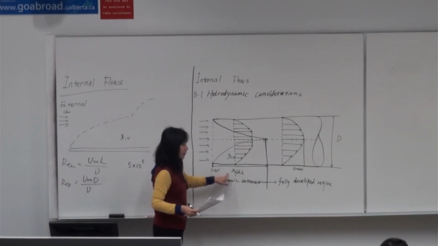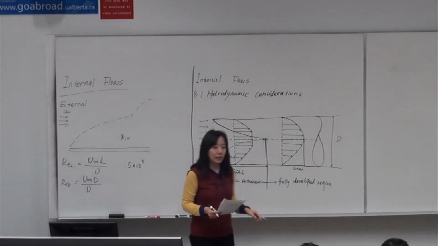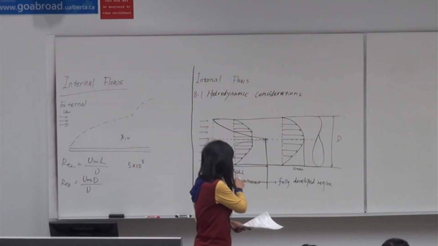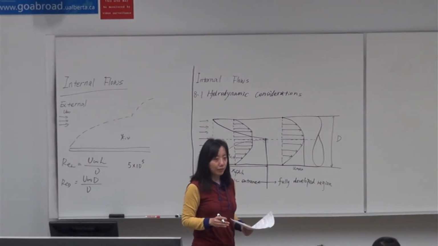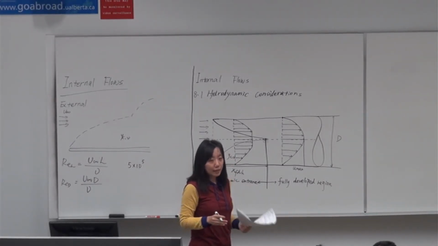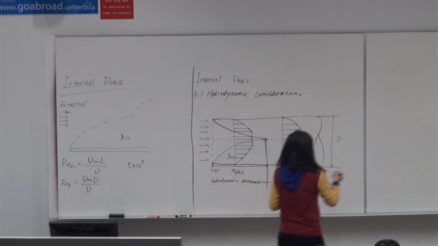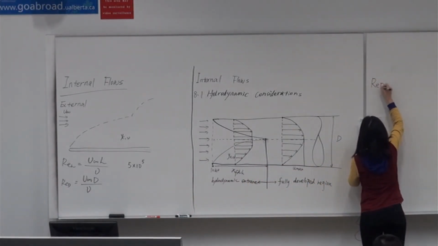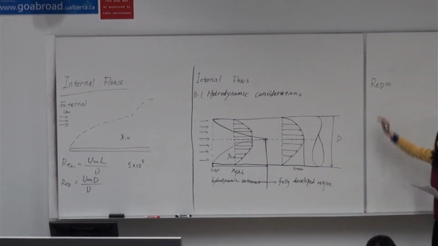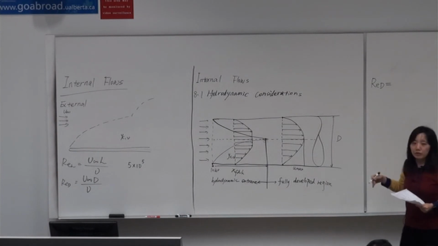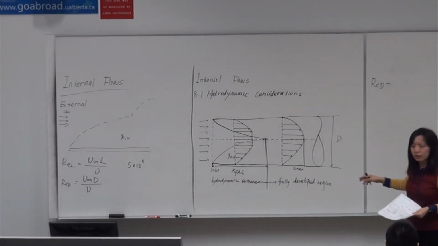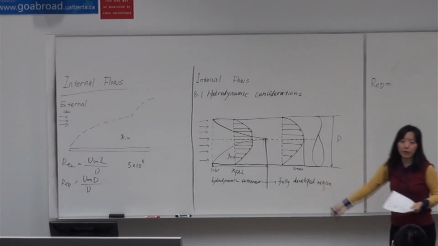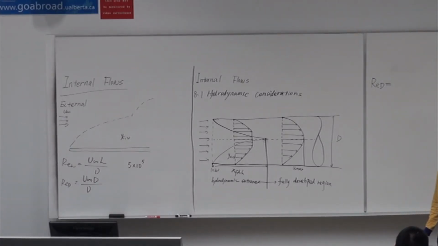Of course, the fully developed hydrodynamic entry length depends on whether the flow is laminar or turbulent. In internal flows, how can we define a Reynolds number to help us tell whether it is laminar or turbulent?